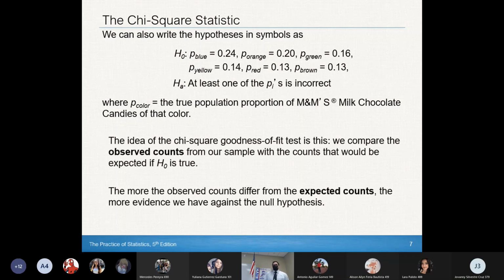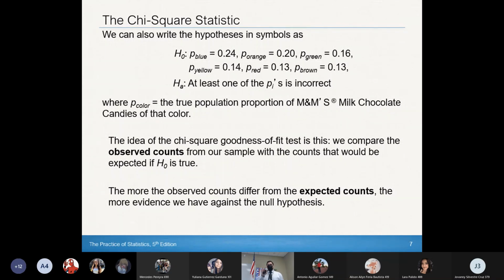The idea of the chi-square goodness of fit test is this. We compare the observed counts from our sample with the counts that we would have expected if H sub 0 is true. The more the observed counts differ from the expected counts, the more evidence we have against the null hypothesis.